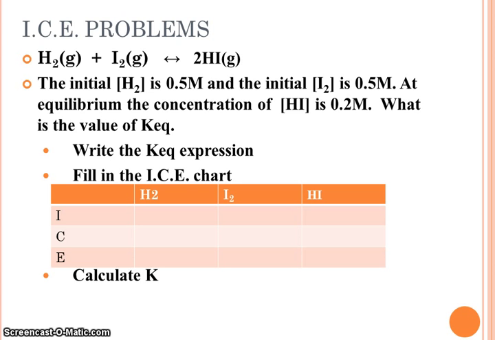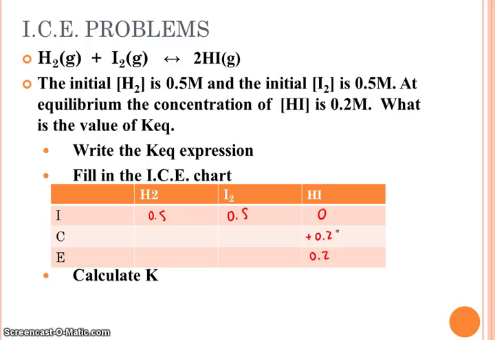I stands for initial, and the question tells us that we have 0.5 molar hydrogen, 0.5 molar iodine, and it doesn't say anything about the hydroiodic acid, so that initial concentration is going to be 0. It tells us the equilibrium concentration of the hydroiodic acid is 0.20, so that means we had an increase of 0.2 for our hydroiodic acid.